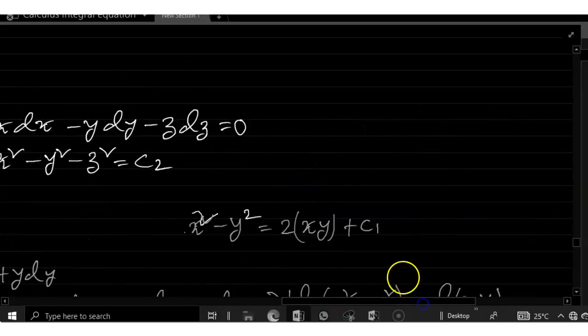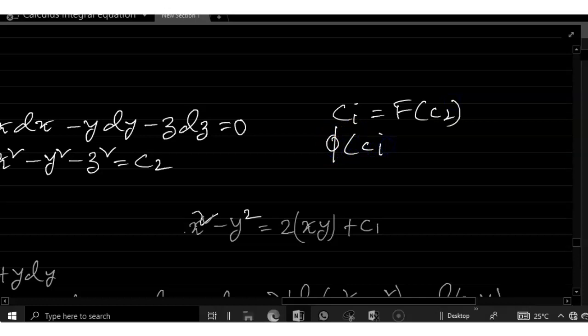So the formula is that C1 equal to f(C2). Otherwise you can write phi(C1, C2) equals to 0. So it can be written this way.